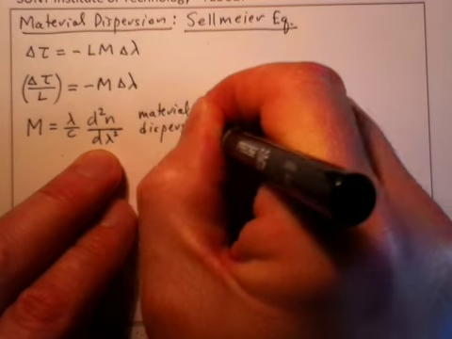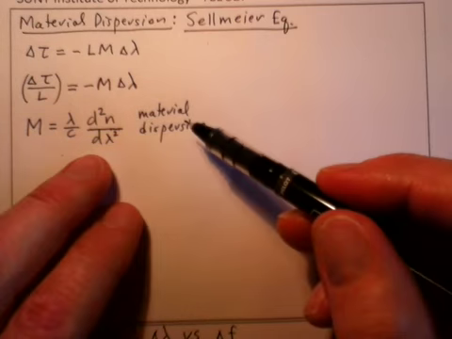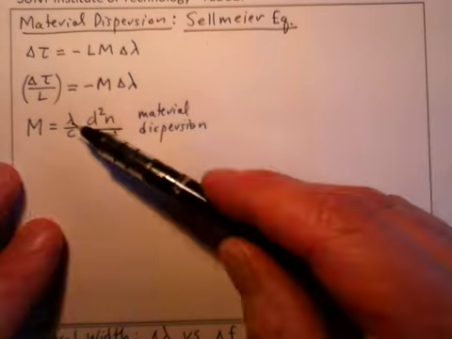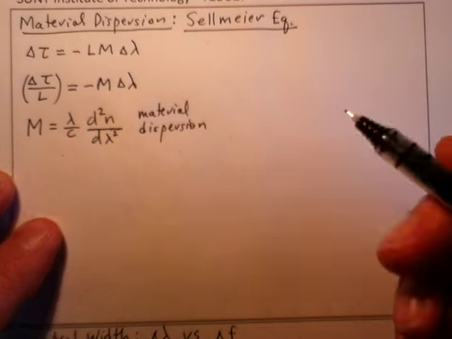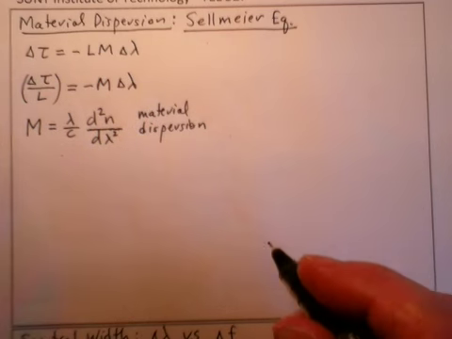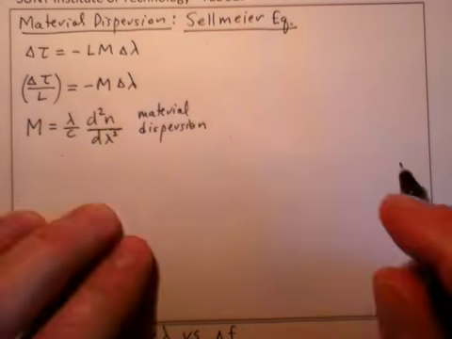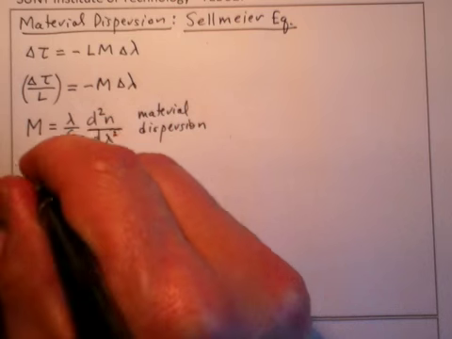And what we'd like to do is figure out what that is for glass. It turns out that there's a real nice equation that helps us do that, and that's called the Sellmeier equation.